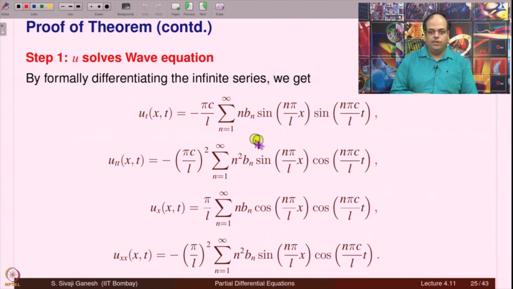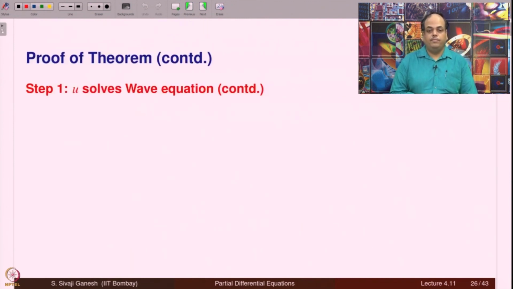So, essentially if you want to prove the convergence by dominating this series with a convergent series, you need that summation mod n bn converges. Here you need mod n square bn converges. So, that in fact gives rise to our assumption why we have assumed that phi is C4. We will see those computations.